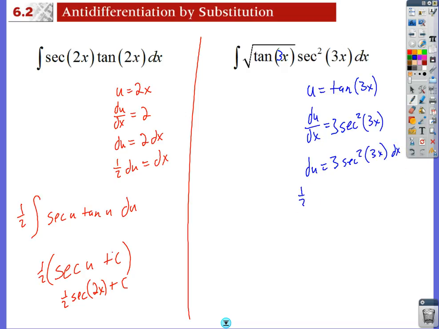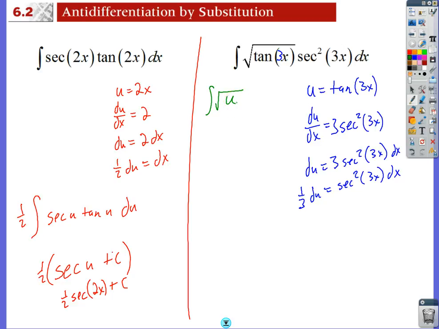Divide both sides by 3, I get 1/3 du is equal to secant squared 3x dx. All right, so then I start plugging things in, and I see that my integral is now the square root of u.